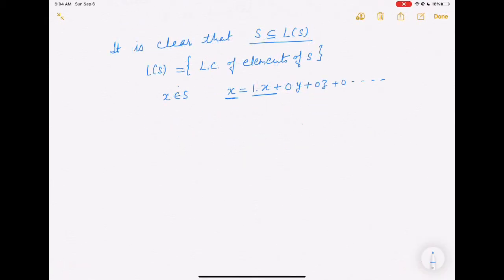Let us see some important points about span of a vector space.